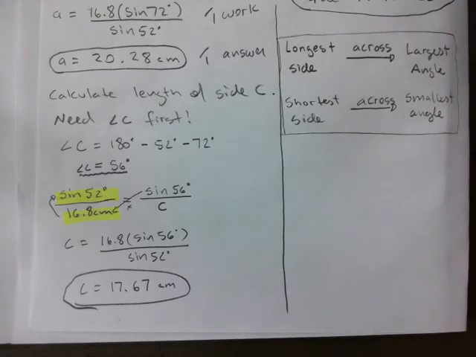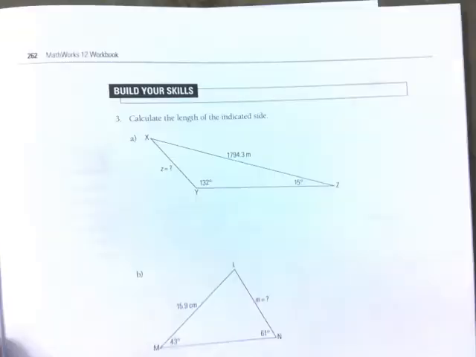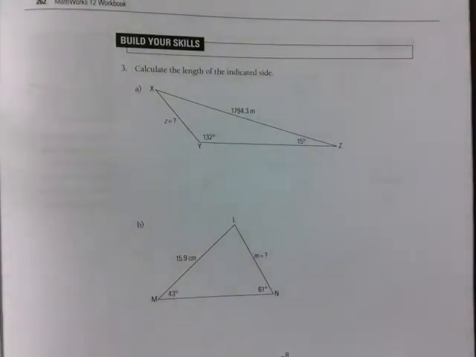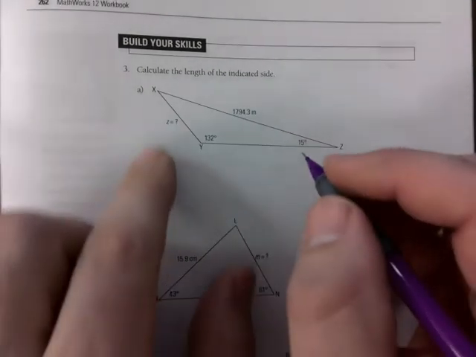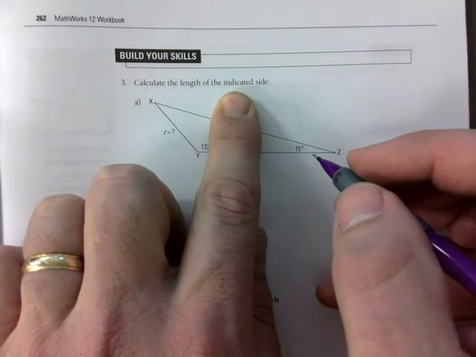All right, so I'm going to stop there for a bit. I don't know if we're going to get to solving for an angle today, but I want you to practice. Learn math by doing math. So on the next page, you have three triangles. And I will add to this, calculate the length of the indicated side.